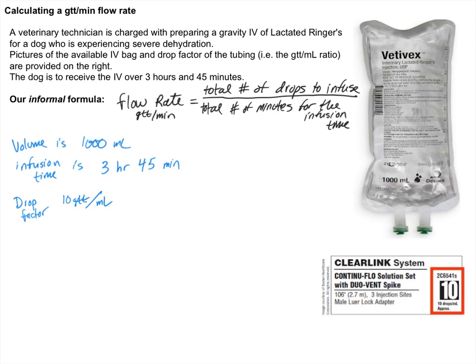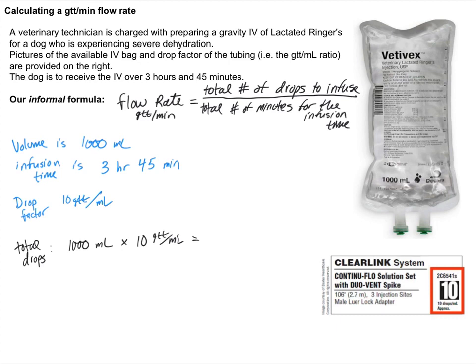So now let's think about the numerator and the denominator. If I think about the total number of drops, I know I have a volume of 1,000 mLs, and each one of those milliliters is going to be broken into 10. So if I take 1,000 mLs and multiply that by 10, because each one is made up of 10 drops, that will give me the total number of drops. There are lots of ways that you can reason through that. You can set that up with dimensional analysis.